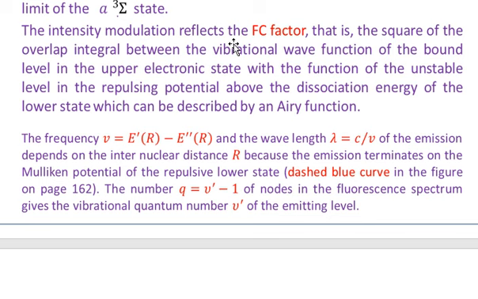The intensity modulation reflects the Franck-Condon factor, that is the square of the overlap integral between the vibrational wave function of the bound level in the upper electronic state and the wave function of the unstable level in the repulsive potential above the dissociation energy of the lower state, which can be described by an Airy function.